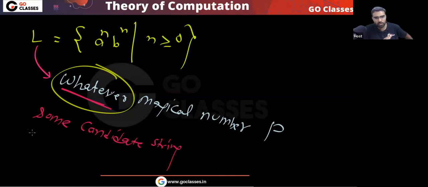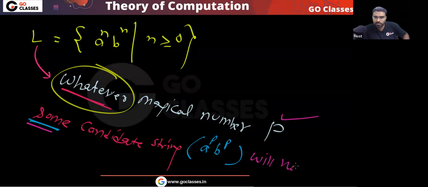And what is that string? Give me one such string. For example, this string: a power p, b power p. Whatever magical number p you take, this candidate string a power p, b power p will not pump.